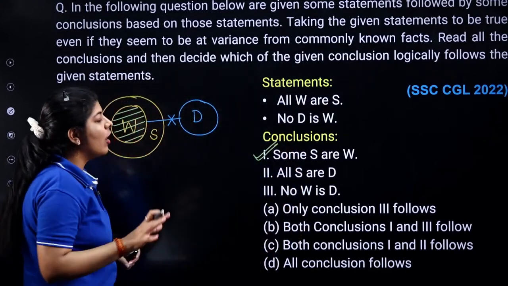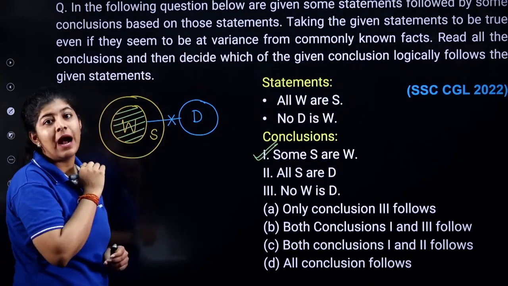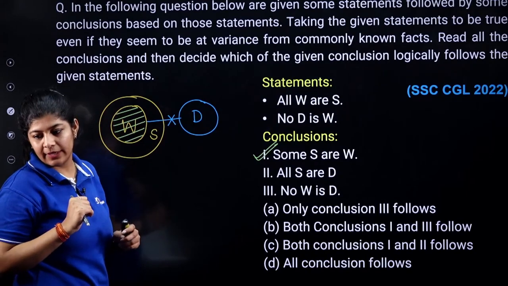Next, all S are D. Can we say that? No. How? Because this W can never be a part of D, right?